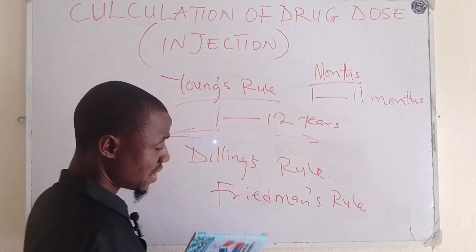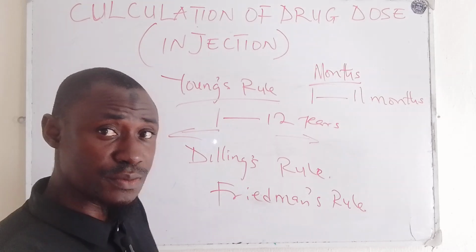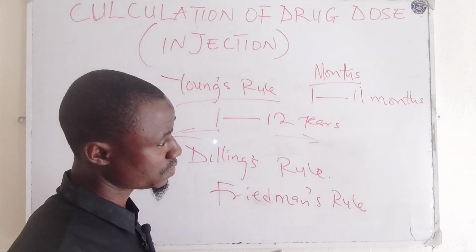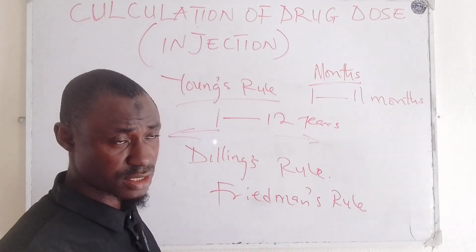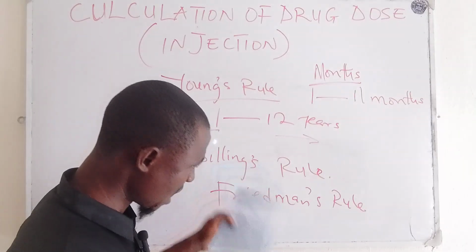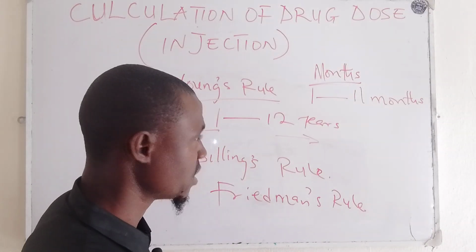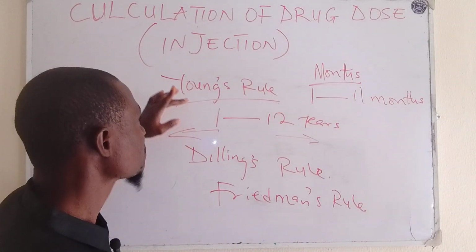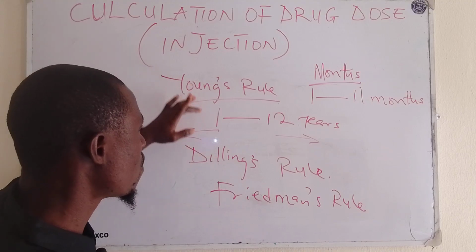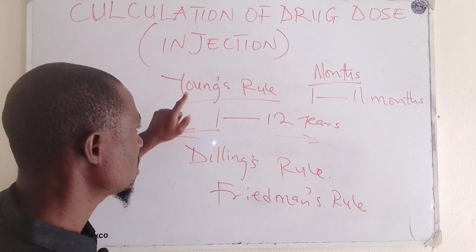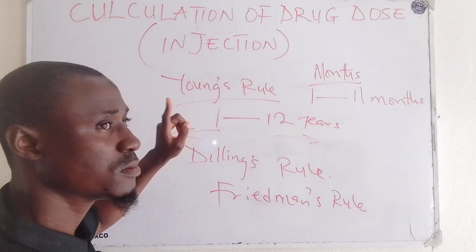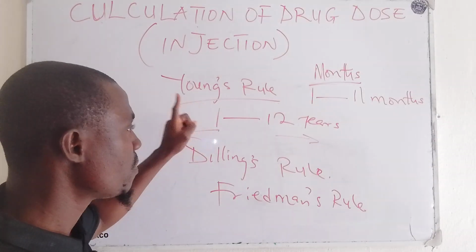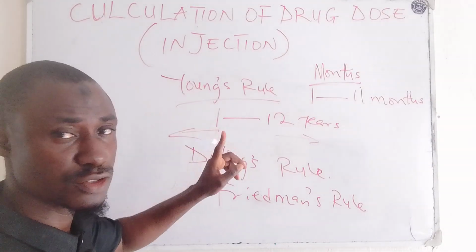And of course, we have taken so many examples with regards to these age-based rules. Now, let me take it again. Why do we call it age-based rule? We call it age-based rule because if you look at the formulas for all of these rules, there is one common parameter, and that is age.